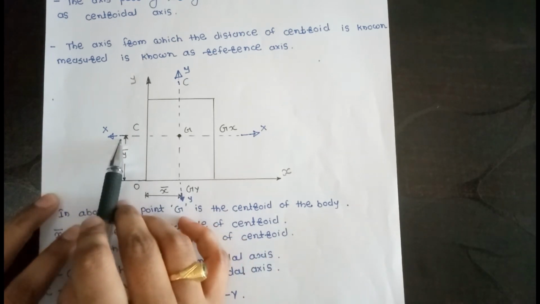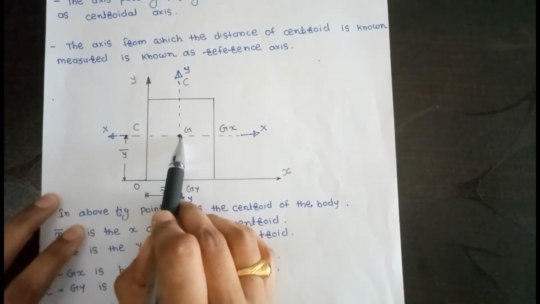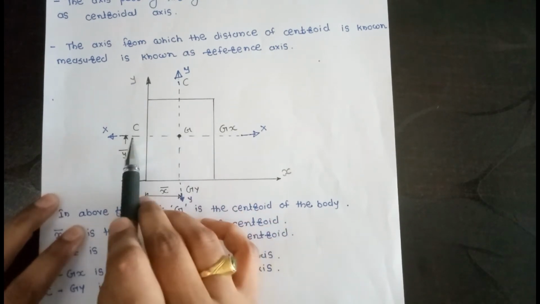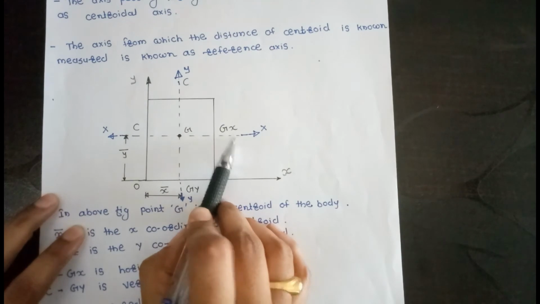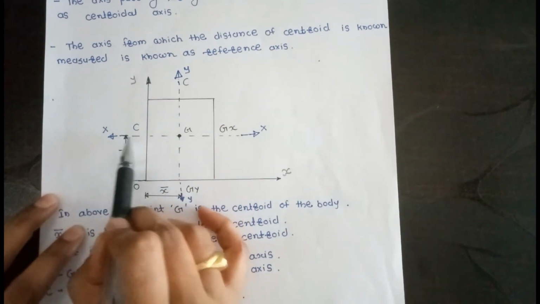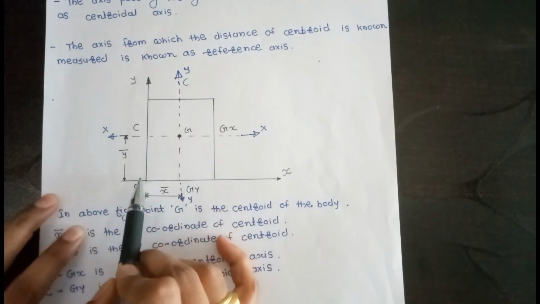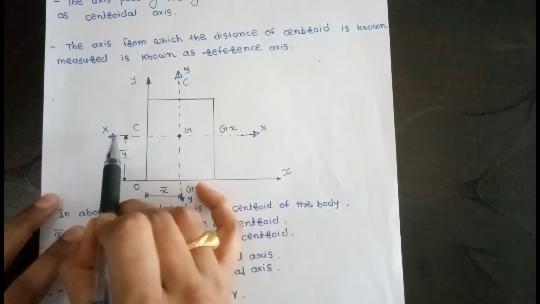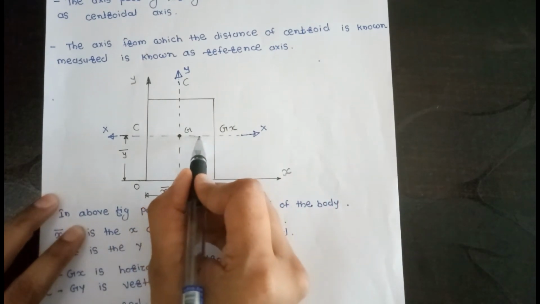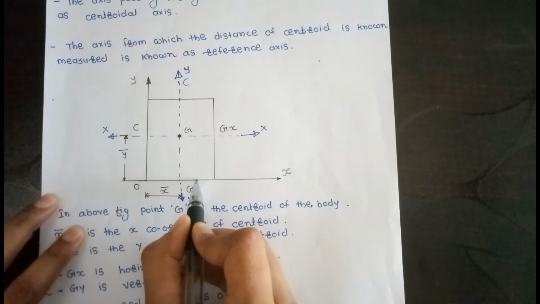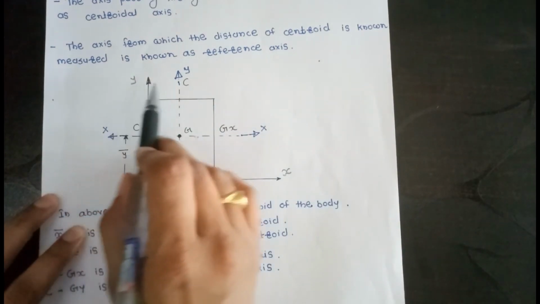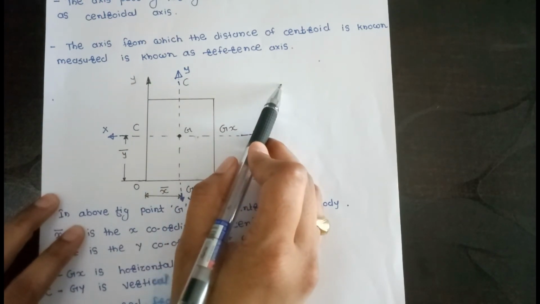The axes which are passing through the center of gravity or centroid of the body are known as centroidal axes, and the axis from which the distance of centroid, means this distance, is measured is known as reference axis.